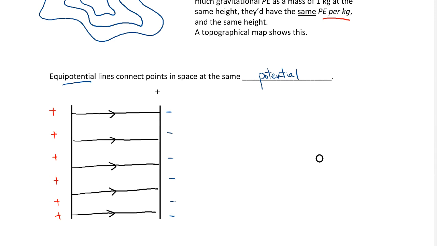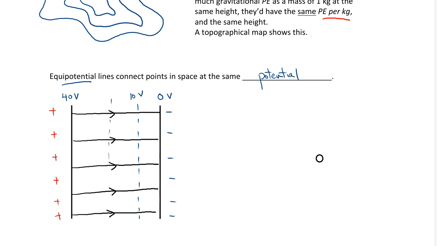What about the potential and the equipotential lines? Well, let's say that this was 0 volts and this was 40 volts. We've got a 40 volt potential difference between our two plates. If we were to measure the potential at different points in space between these two, we would find that at any point along this line, for example, we'd have a potential of 10 volts, or 10 joules for every coulomb of charge.